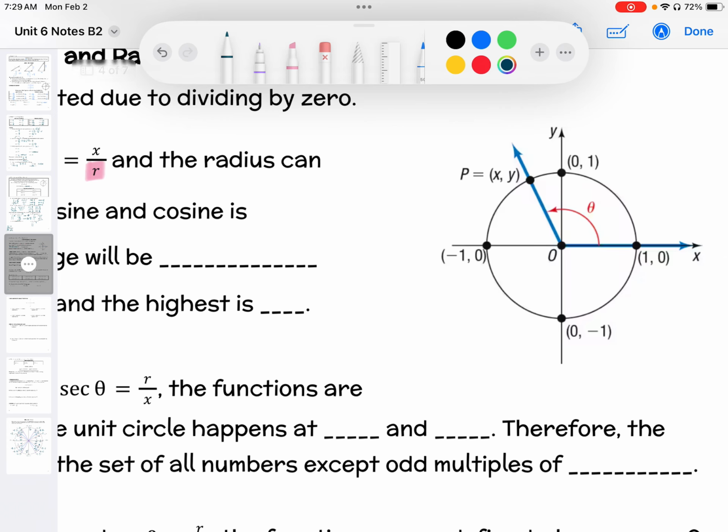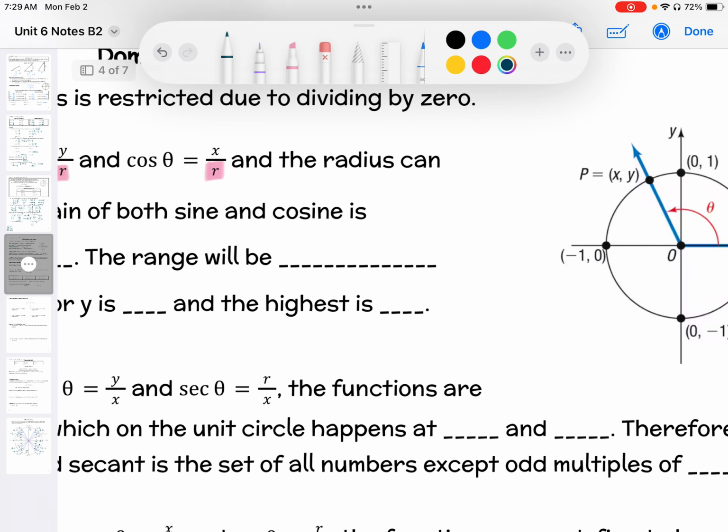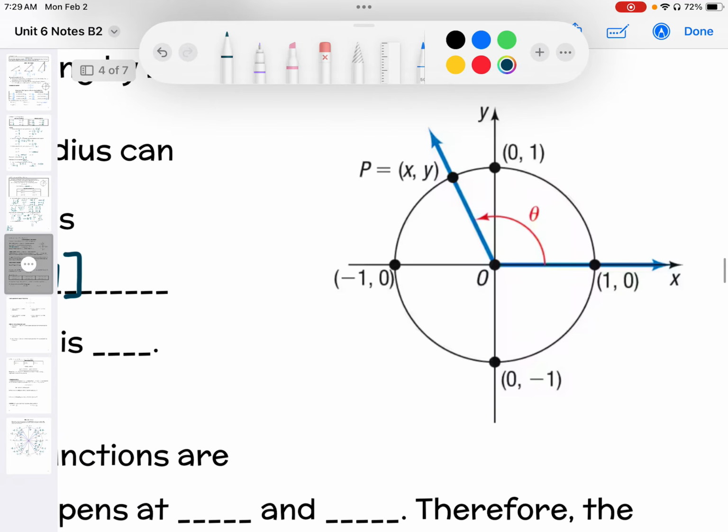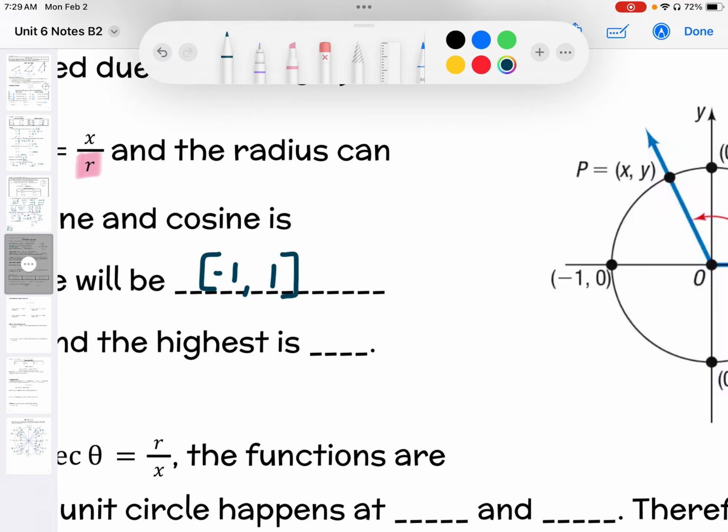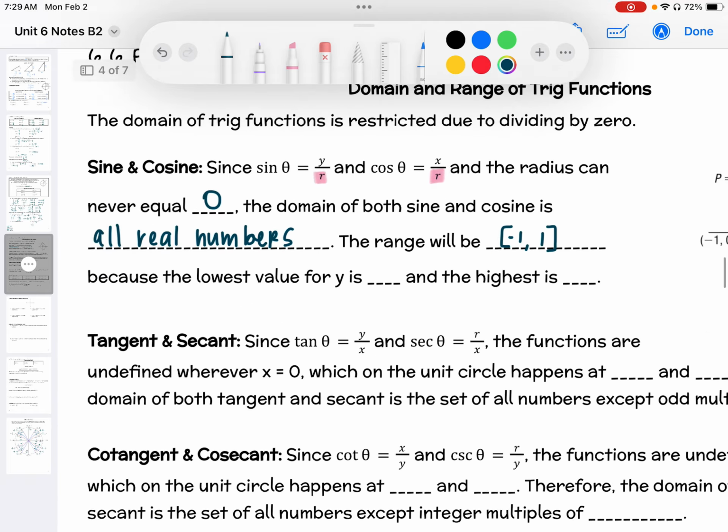So we basically have all the numbers between -1 and 1, because all those fractions that we have in the quadrants, those are all less than 1 but greater than 0. So all of our values are going to be -1 to 1. The lowest value for y is always -1 and the highest is 1. So that's how we're going to figure out what our range is for sine and cosine.